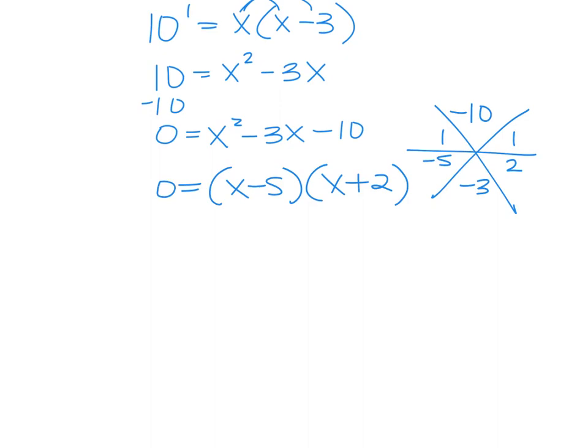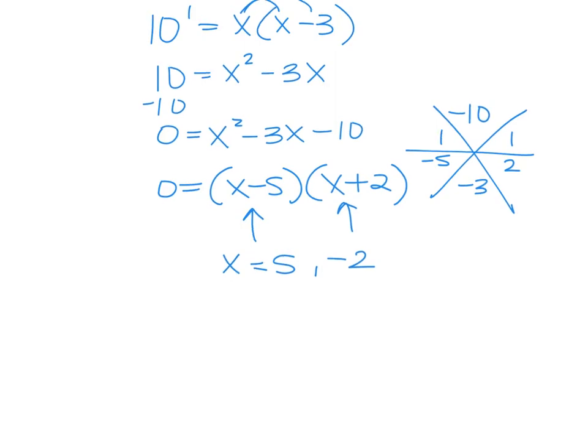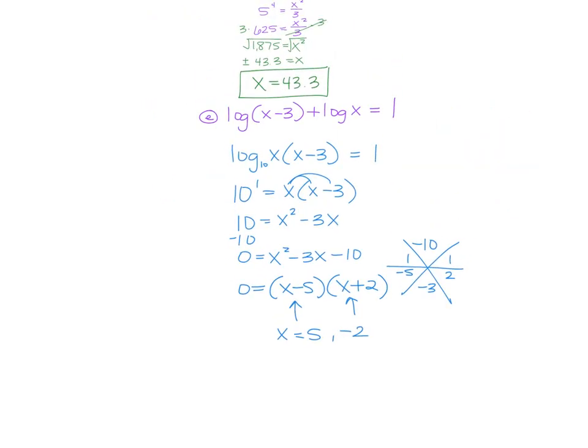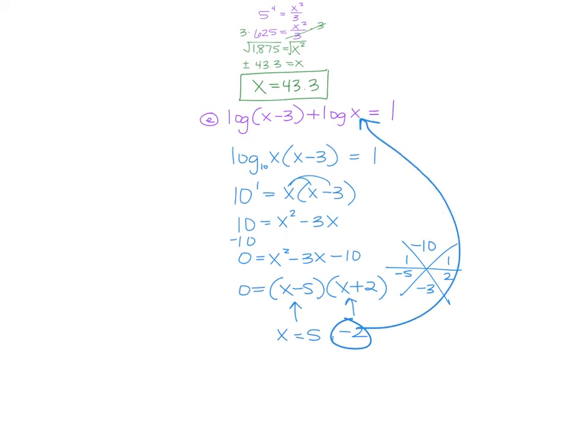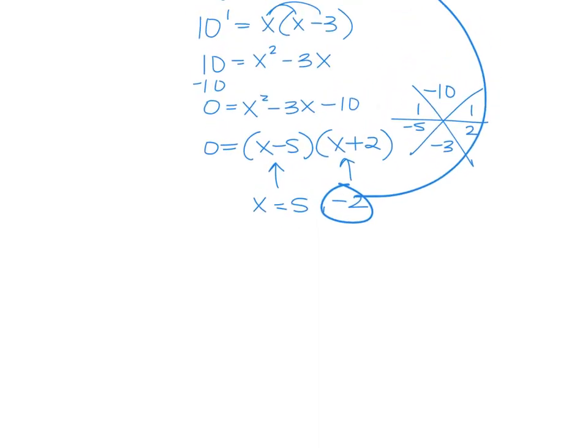Okay, so when you solve this, what is your x going to be here? A positive 5. What is your x going to be here to equal 0? A negative 2. So you get 5 and negative 2, but now think back to the beginning here. If I plug a negative 2 in, that doesn't work, right? So your answer is just x equals 5 because this one does not work.